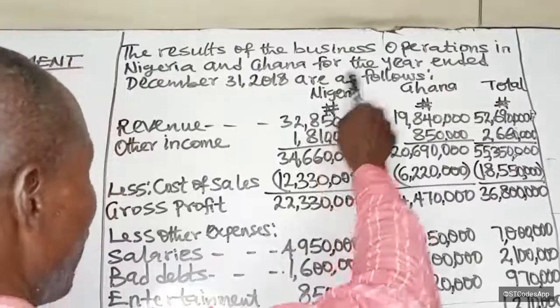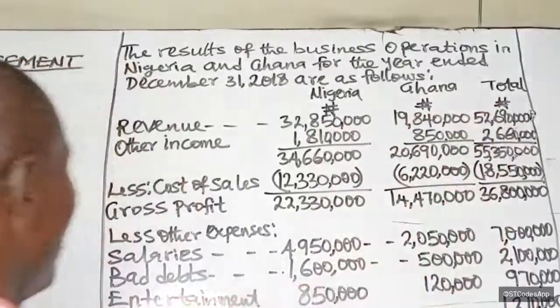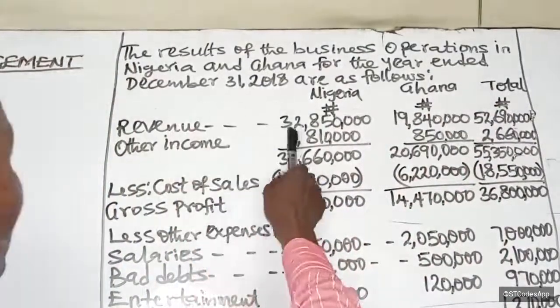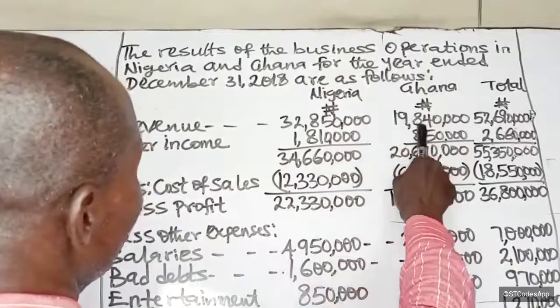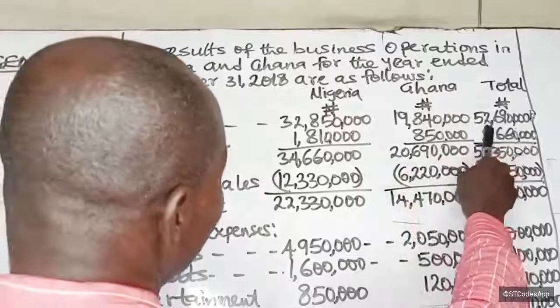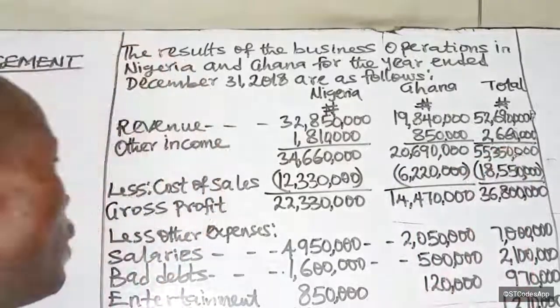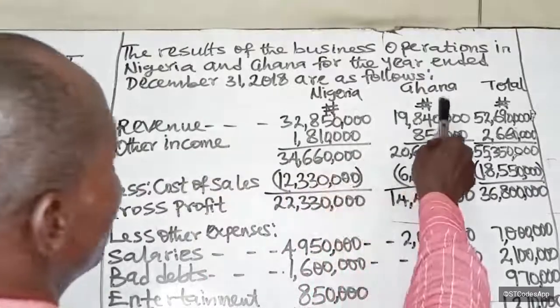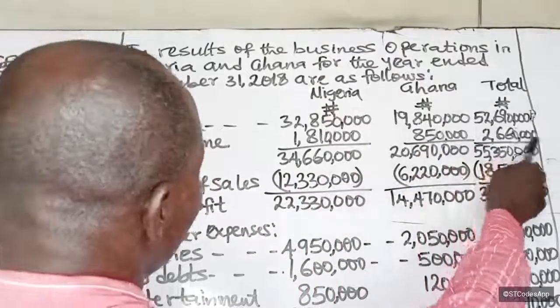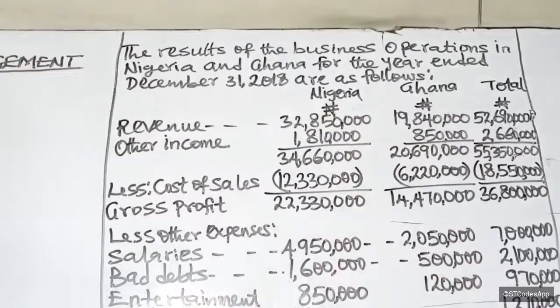We have Nigeria, we have Ghana, and total. Revenue: 32,050,000 for Nigeria, 19,040,000 for Ghana, and 52,690,000 for total. Other income: 1,010,000, 850,000, 2,660,000 for Nigeria, Ghana, total respectively.